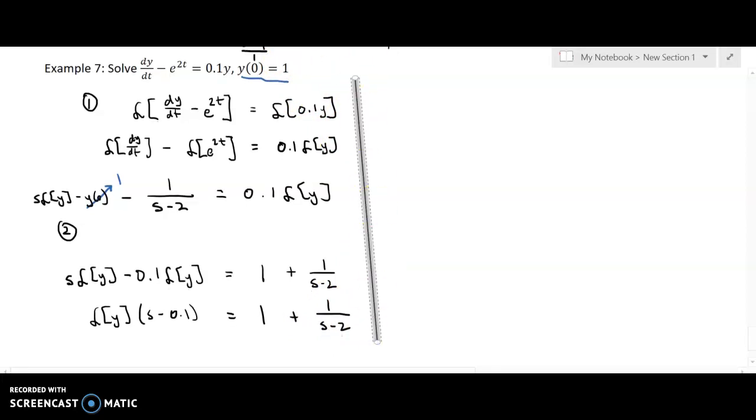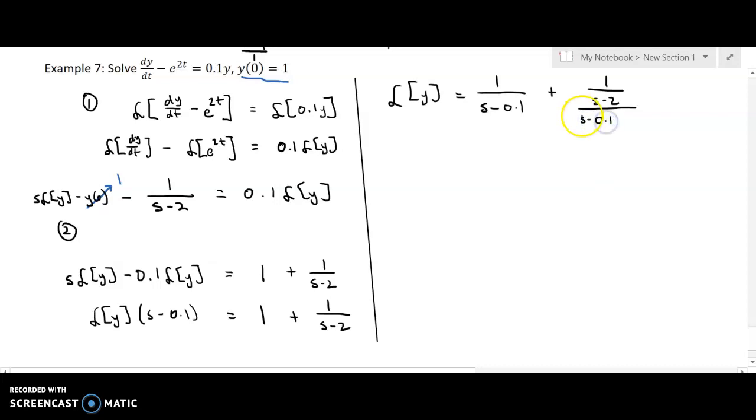So that's going to give me Laplace of y equals, and I'm going to divide both sides by s minus 0.1, so that 1 will be over s minus 0.1, and the 1 over s minus 2 will be over s minus 0.1.